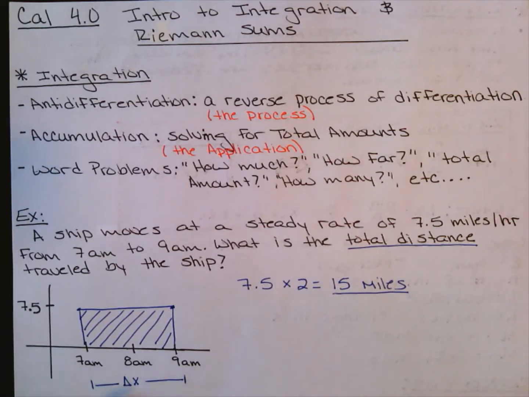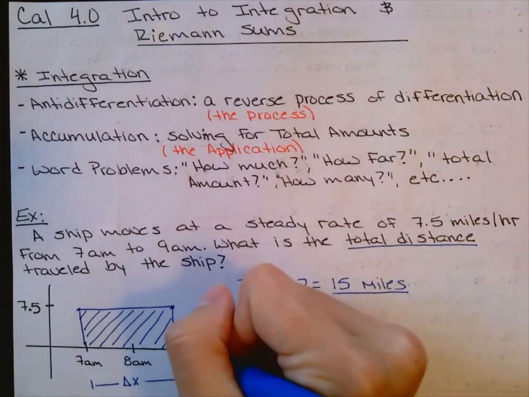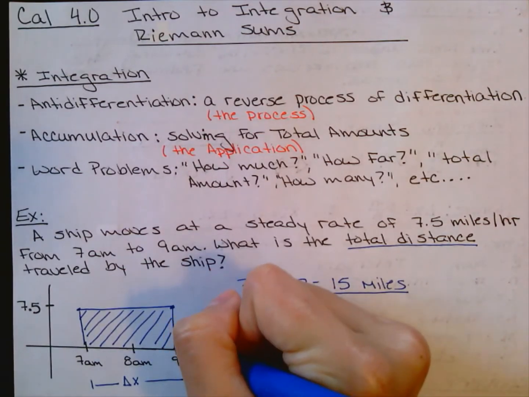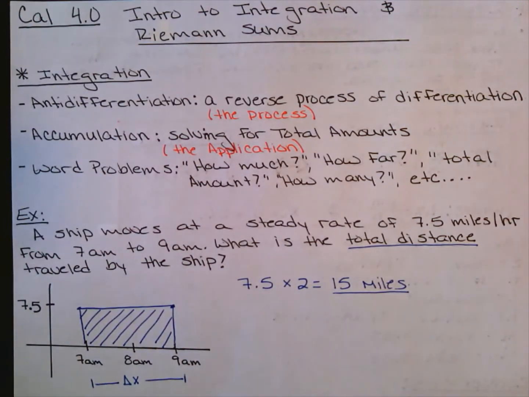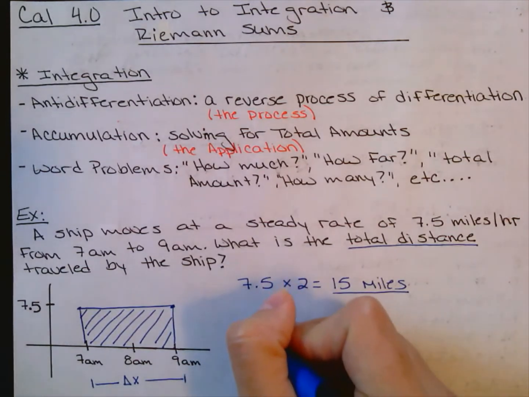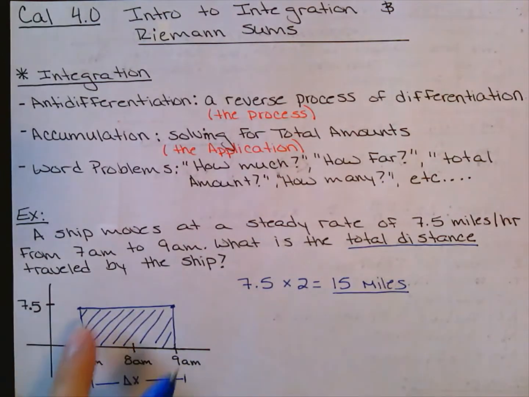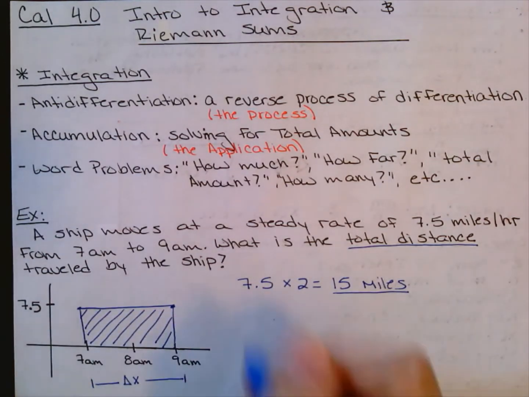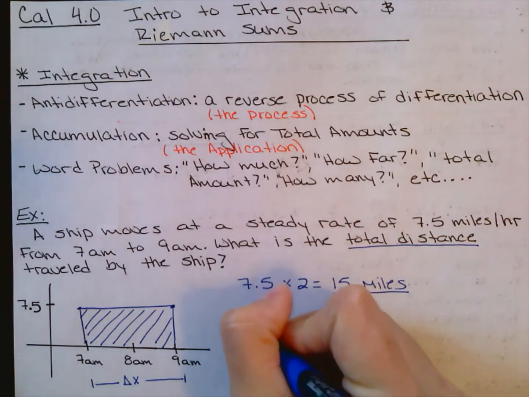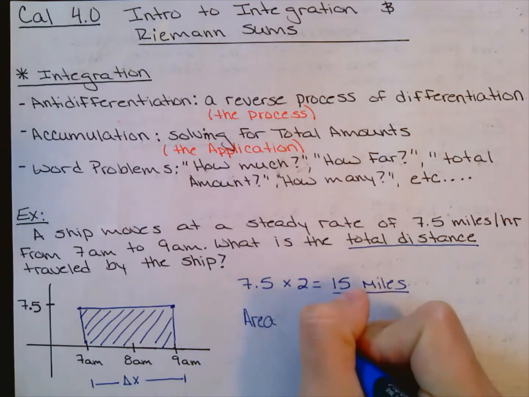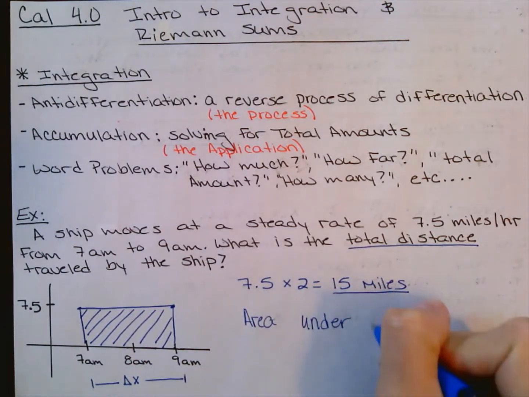So our change in x was 2, and then our height, our y value, was at 7.5. So you're going to also hear us saying that integration is also known as the area under a curve. In this case, we went very elementary, so we didn't have a curve. We had a linear function. But in order to find this total amount, this integration, visually on a graph, we are finding the area under a curve.